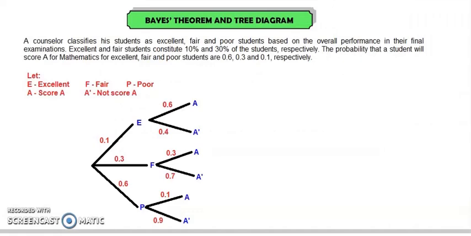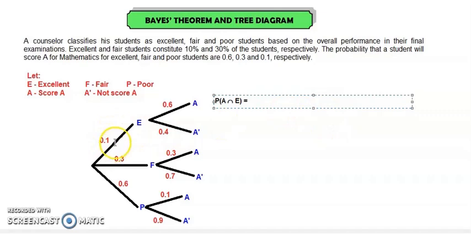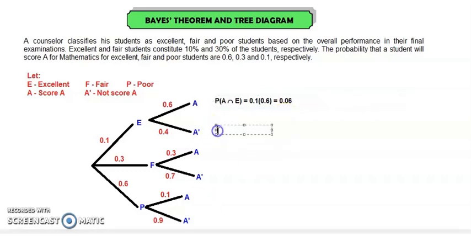Okay, now look back at our tree diagram here. Here you can calculate the probability of A intersect E. So how to calculate this probability? Simply multiply 0.1 by 0.6, which gives 0.06.